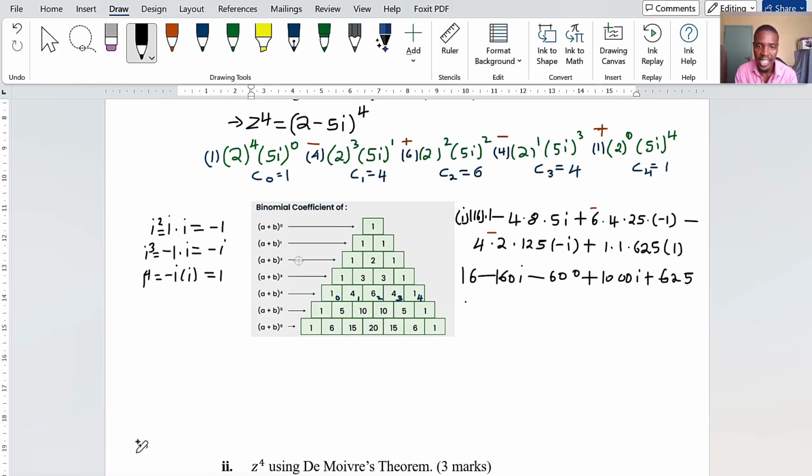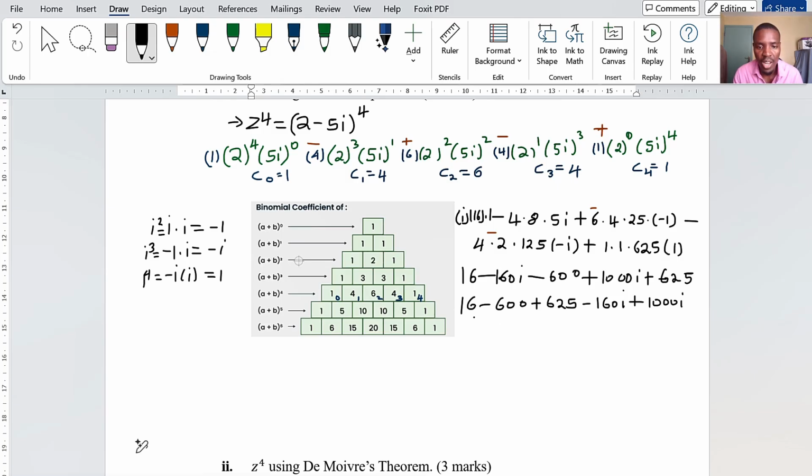Now, collecting the real part together, we have 16 minus 600, then plus 625, then minus 160i plus 1000i. So this part, we have to do 16 minus 600 plus 625.